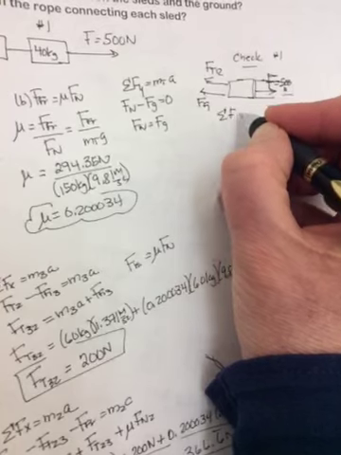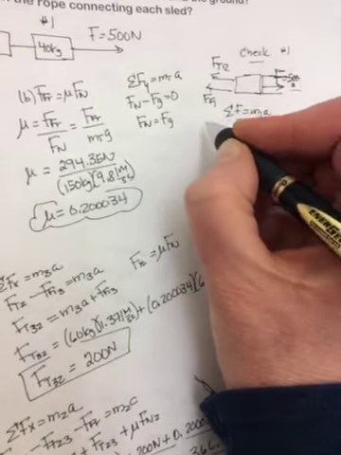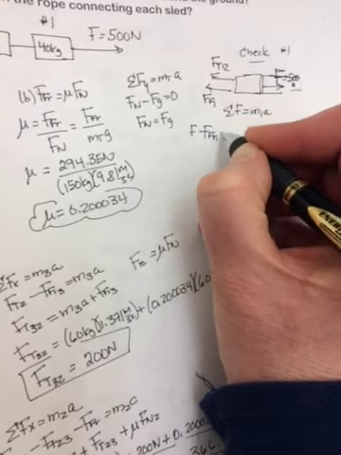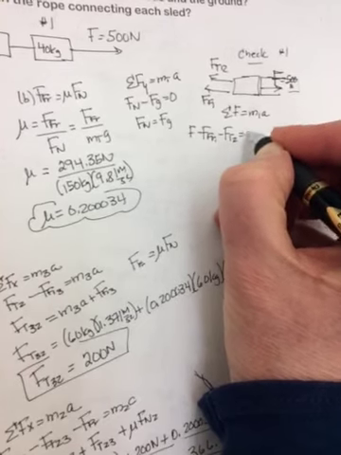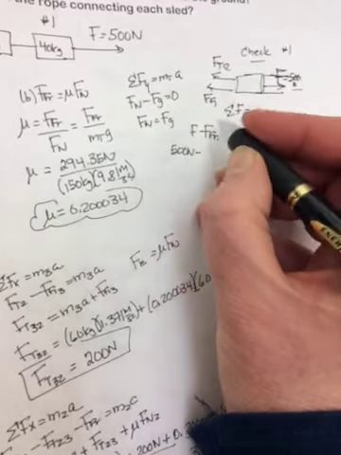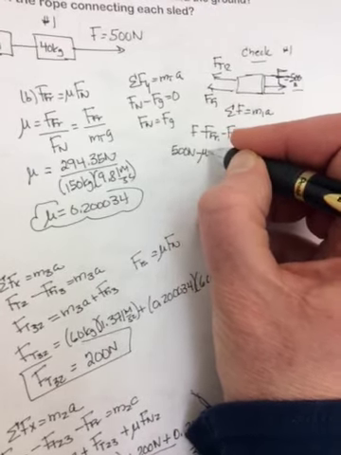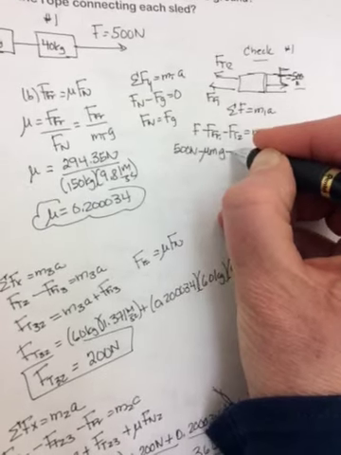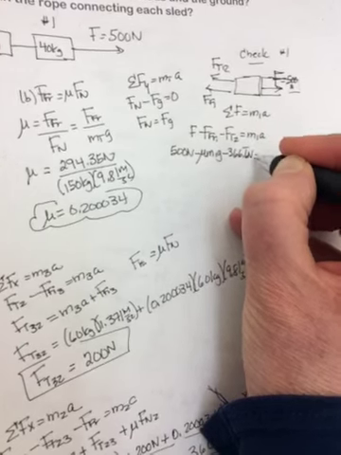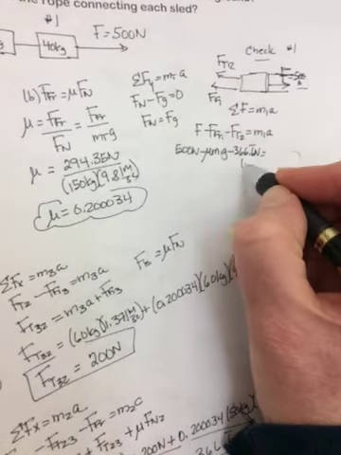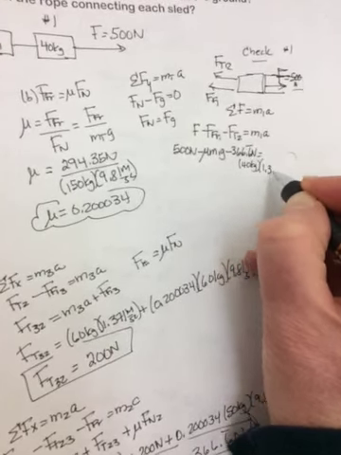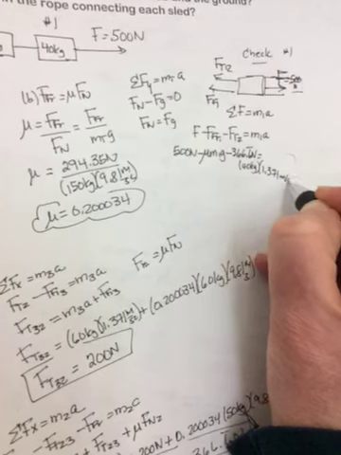So you would do sum of the forces is equal to M1A, and so it would be F minus friction on 1 minus Ft12 is equal to M1A. So it would be 500 newtons minus the friction on 1, which is mu M1G, minus the 366.6 repeating, and that should equal, what was it, 40 kilograms times 1.371 meters per second squared.